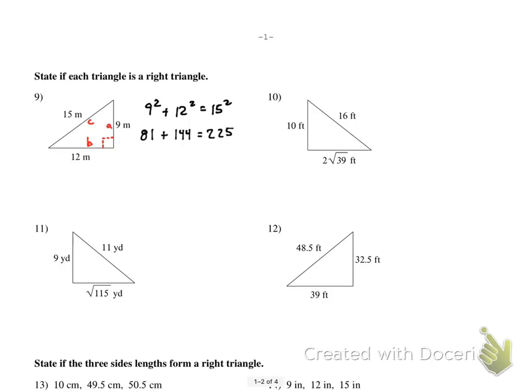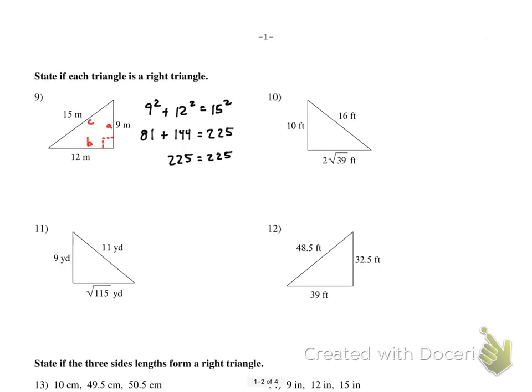Now let's add up 81 and 144. What do we get? 225. So 225 equals 225. That means when these are equal, this is a right triangle, because a squared plus b squared will equal c squared only when it's a right triangle. If it wasn't, this wouldn't turn out to be true.